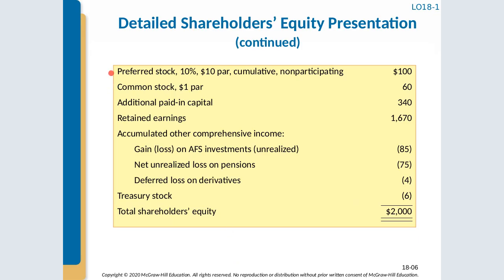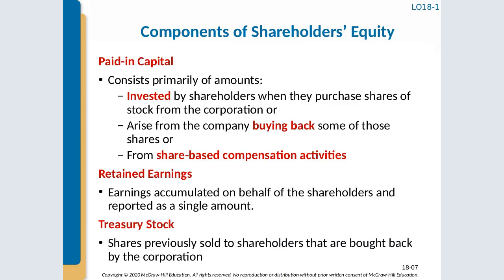You should be familiar with preferred stock and common stock. We said additional paid-in capital or paid-in capital, retained earnings, and then our accumulated other comprehensive income. Usually this is just one line on the balance sheet. They don't really break it down because the breakdown is shown on the statement of shareholders' equity.